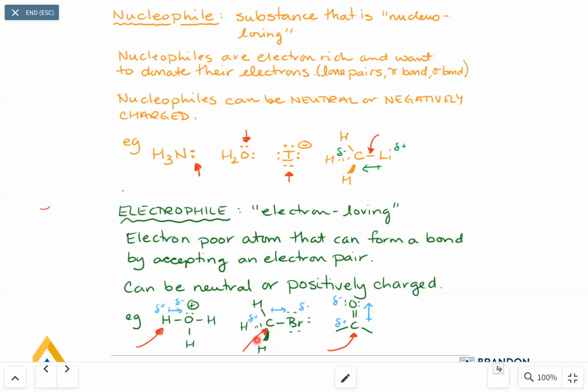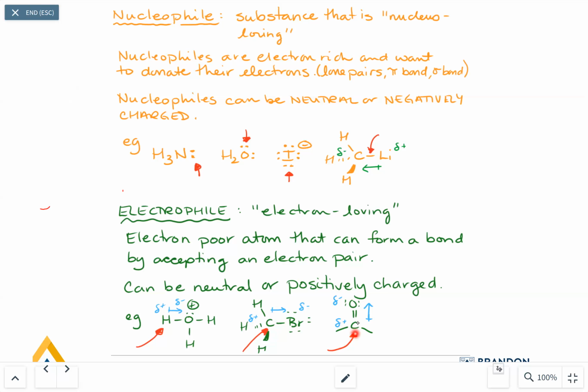Methyl bromide is a similar situation. We've got a polarizable bond to carbon, so delta plus on carbon. Bromine is polarizable, so these electrons will move over to the bromine. Or take a ketone: a polar bond to carbon, oxygen's more electronegative, and carbon has a delta plus.